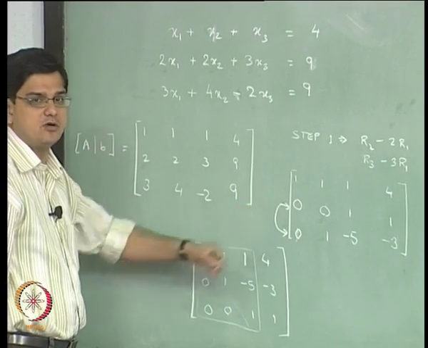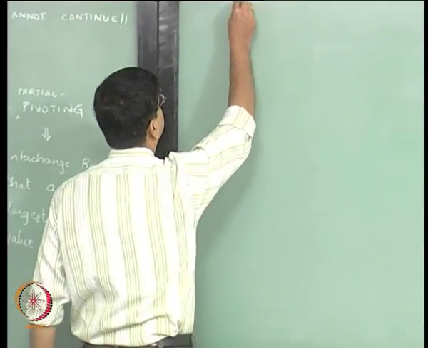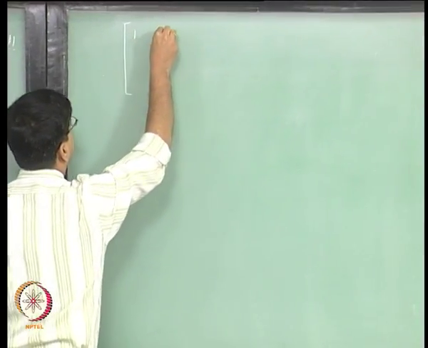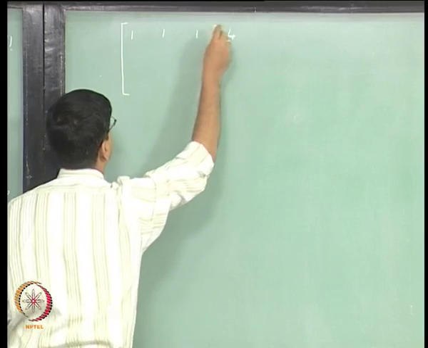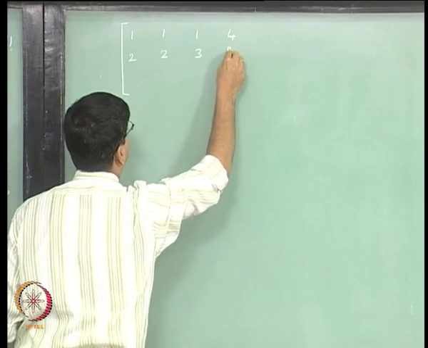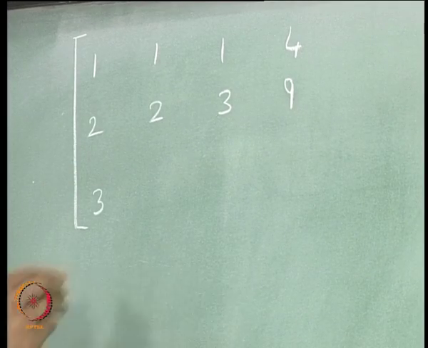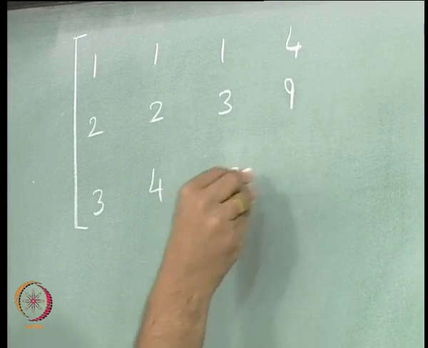Okay. So now let us go back and see how our overall procedure will be modified for an example of this type. Let us write down that example once again. It was 1 1 1 4, 2 2 3 9 and 3 4 minus 2 9.